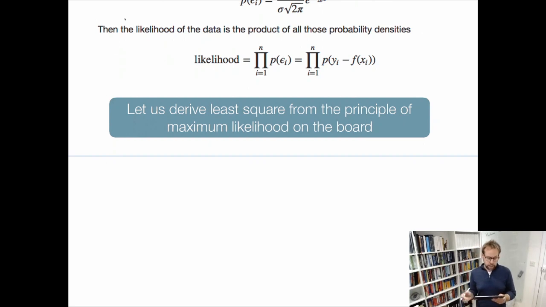So I have the likelihood, let's just call it L to make it a bit easier. What do I want to do with the likelihood? For least squares, it was intuitive that we wanted to minimize the squared errors. We want to have the line closer.